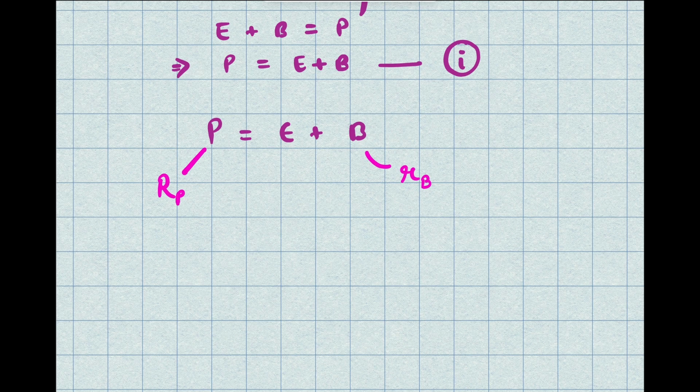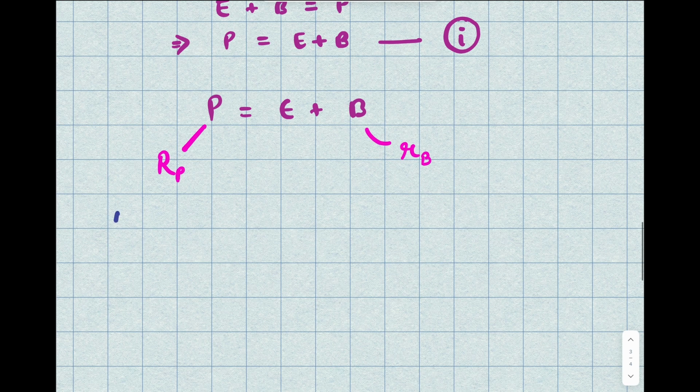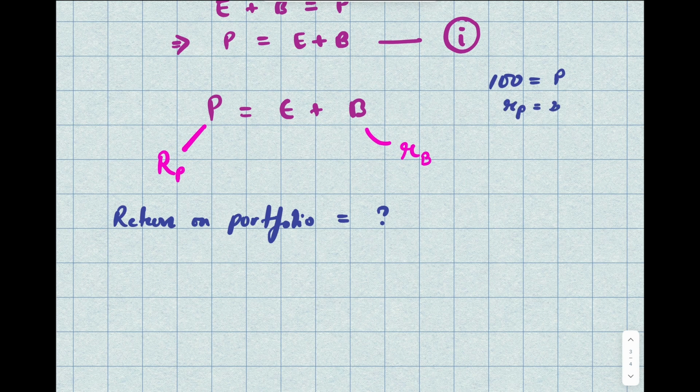Okay. So since you have invested the entire money, if I want to calculate the actual return in amount on your portfolio, what would be the formula? Return on portfolio is what? So basically, if the principal is P, and the rate of return after a year, you are very smart and you generated say 20% return.